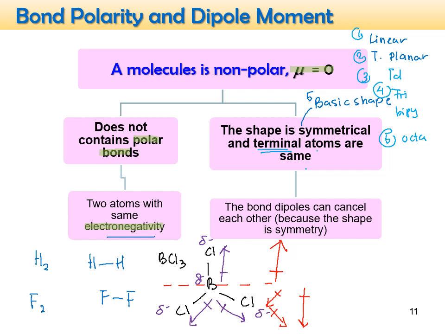So these two dipole moment can cancel each other. Therefore, your dipole moment will be equal to 0 since they can cancel each other. Hence, this molecule is a non-polar molecule.